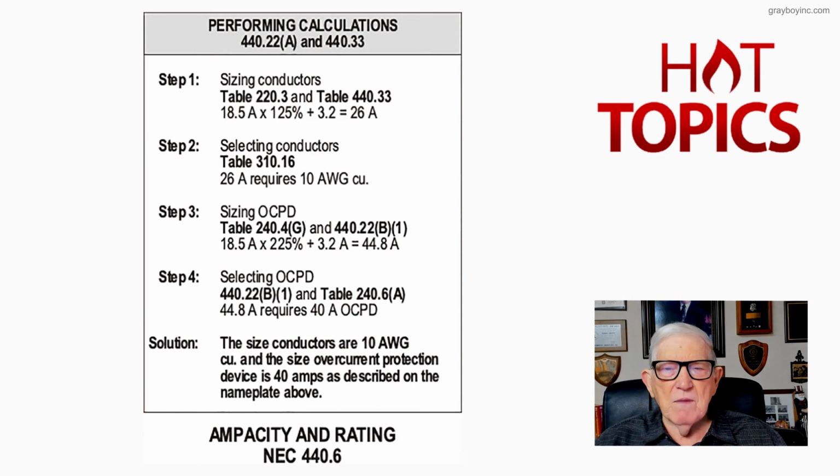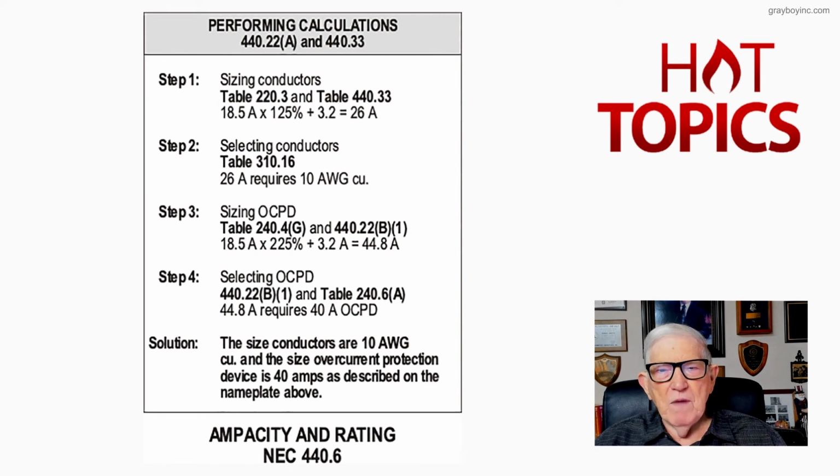Now, when I say maximum size, that's in the section 440.22B1 and A there that we would look at. Now, 440.22B1, along with table 240.6A to select the overcurrent device.